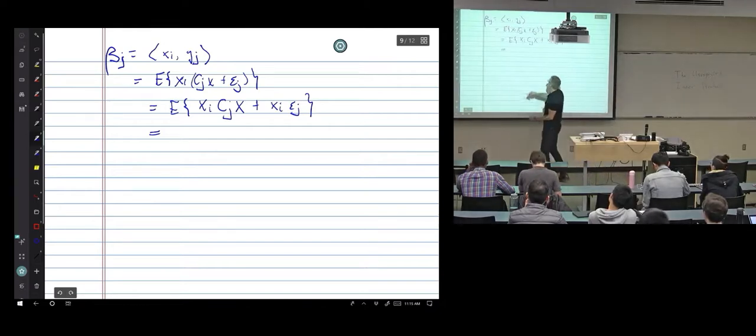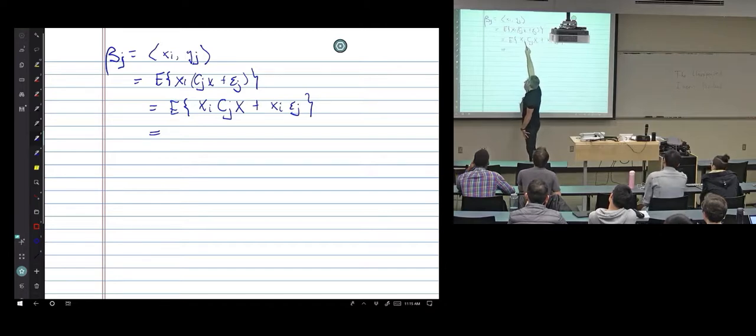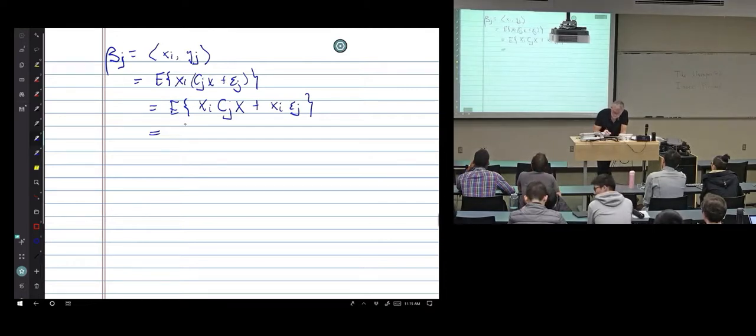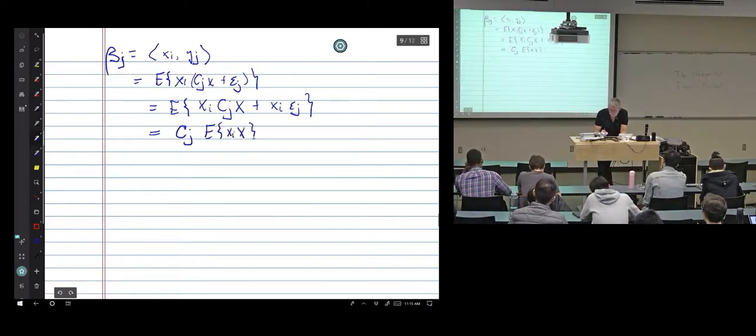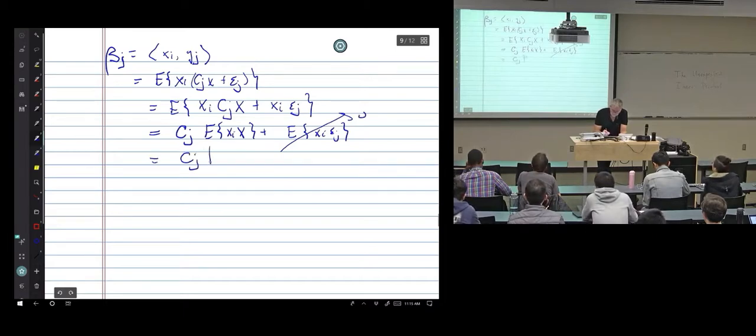And what I was supposed to notice, this is a row vector, this is a scalar, so the scalar can go inside. So this is Cj expected value of xi x plus expected value of xi epsilon j. That one is 0. And so this is Cj times Pi.